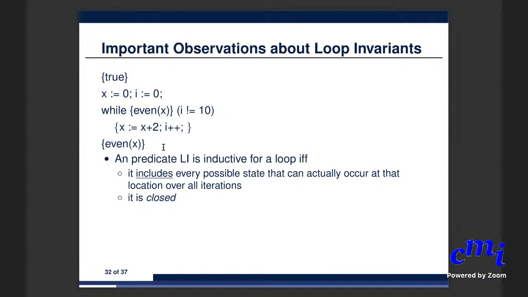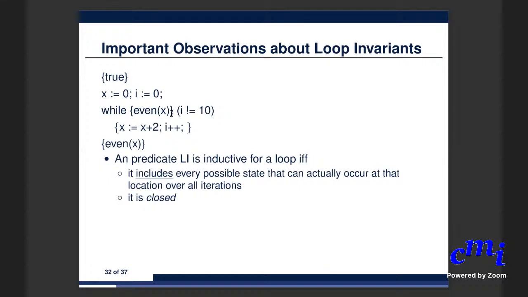So those are the two properties that any loop invariant has. It has to be closed, and that is why the inductiveness check guarantees that. And for a particular program, it may include more than the reachable states. It's certainly guaranteed to include all the actual values that x may take, or in general, all the values that other variables can take.